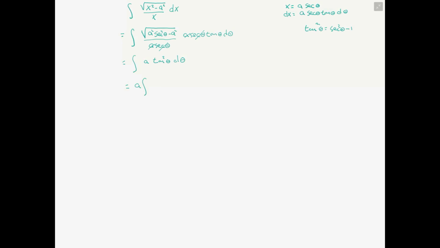So we're going to use our trigonometric identities. That tangent squared theta is equal to secant squared theta minus 1. And we break the integral into 2. And now we just integrate.